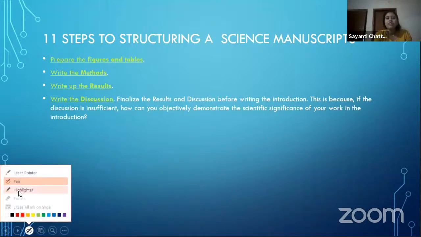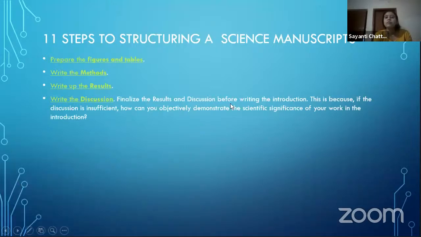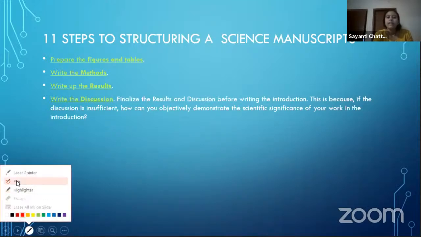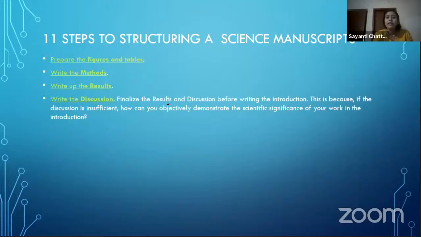Why before the introduction? Because first you have to know whatever you thought you will do, can you complete everything? So write the discussion before the introduction part. If your discussion is insufficient, if you cannot meet your objective, then no need to write the introduction part.